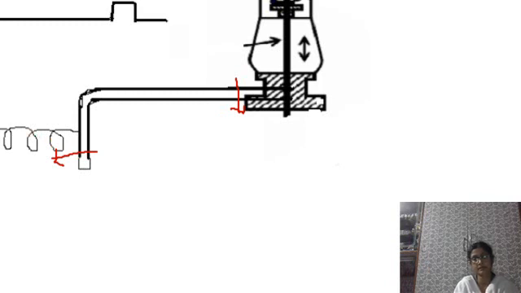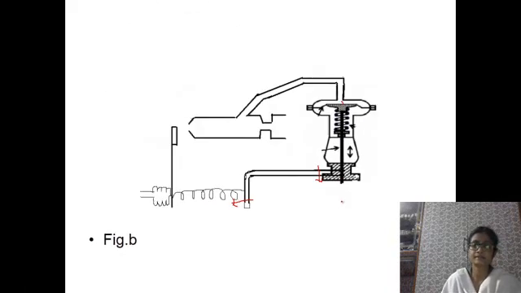So due to this spring force, the flapper will move away from the nozzle, and again the output pressure will decrease. So this will automatically adjust the stem movement, so that the plug can be fitted to the seat area properly.